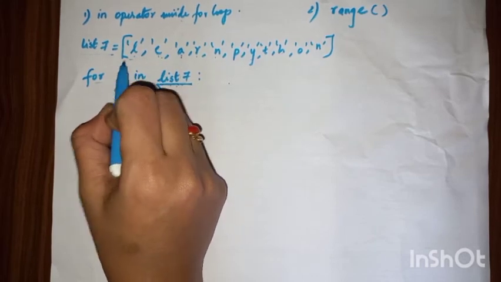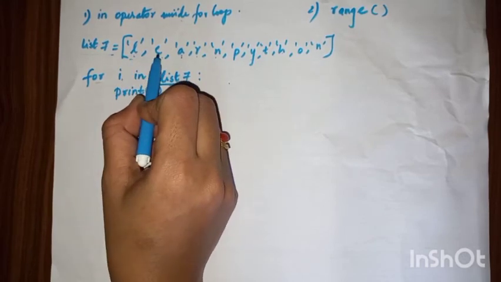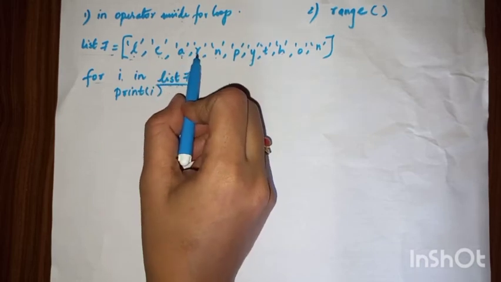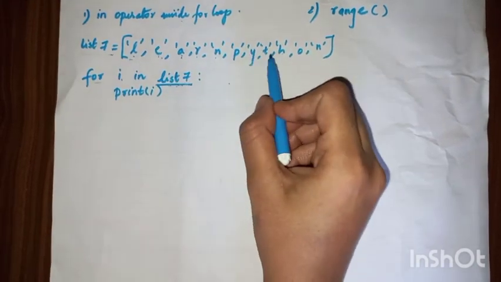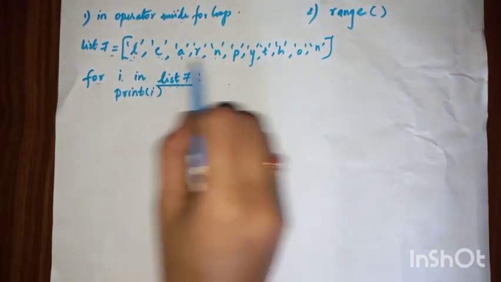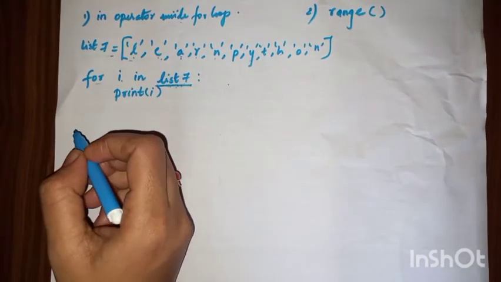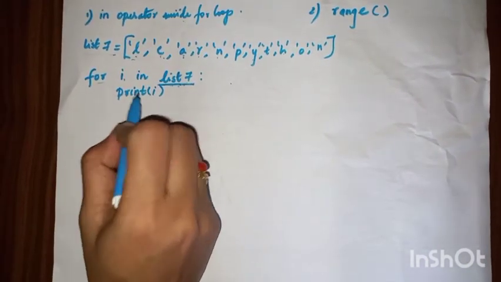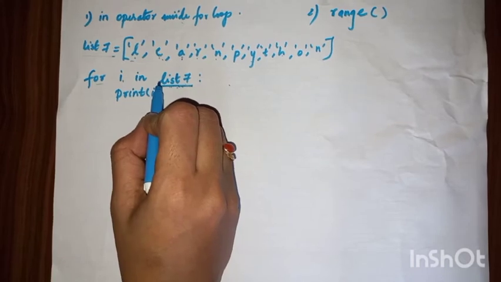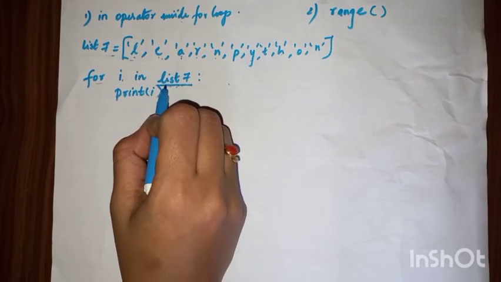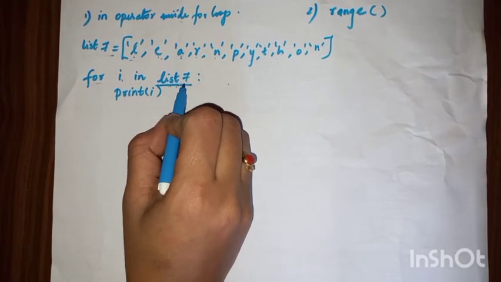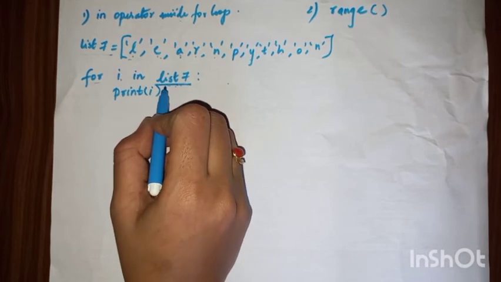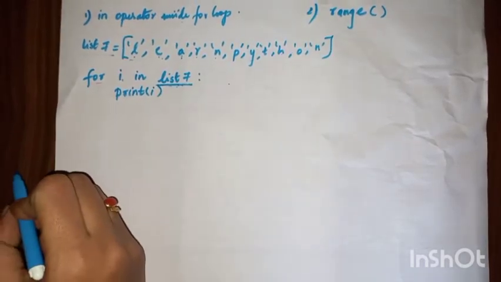That is, I will be L, or E, A, R, N, P, Y, T, H, O, N. Any of the elements will be the value of I.